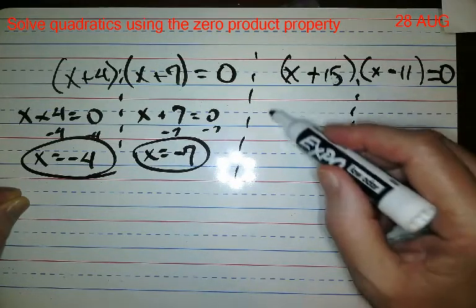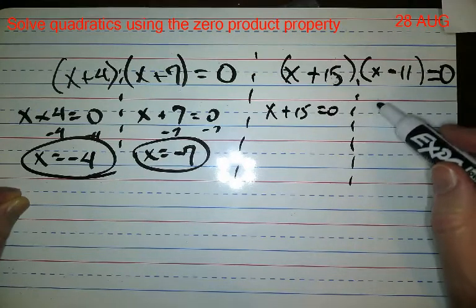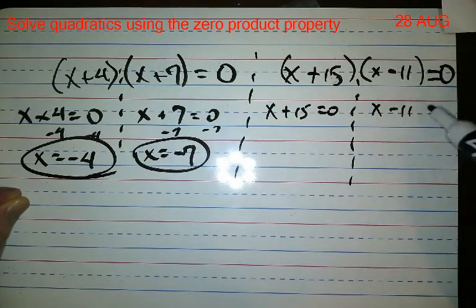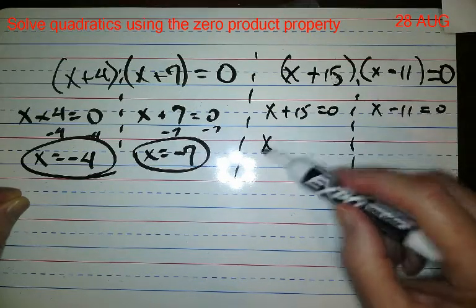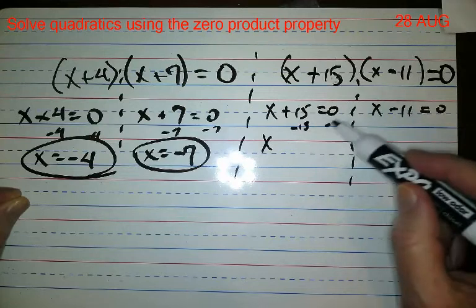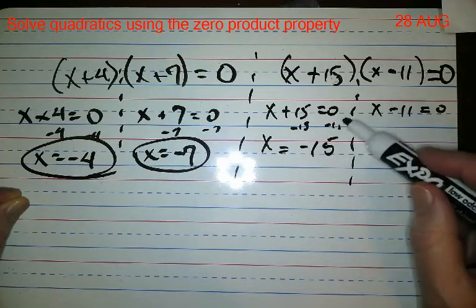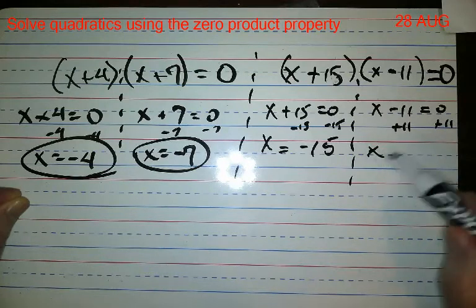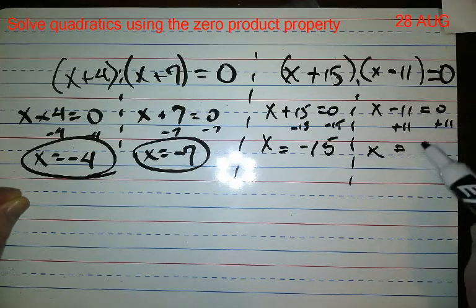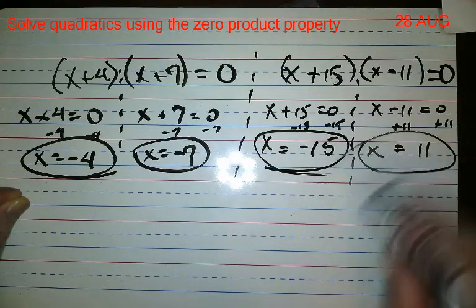That means that this side equals 0 or this side equals 0. Right? Well, if this side equals 0, nothing to it. Subtract 15 and x is negative 15. If this side equals 0, you have to add 11 to both sides. So x equals 11. So there are two answers.